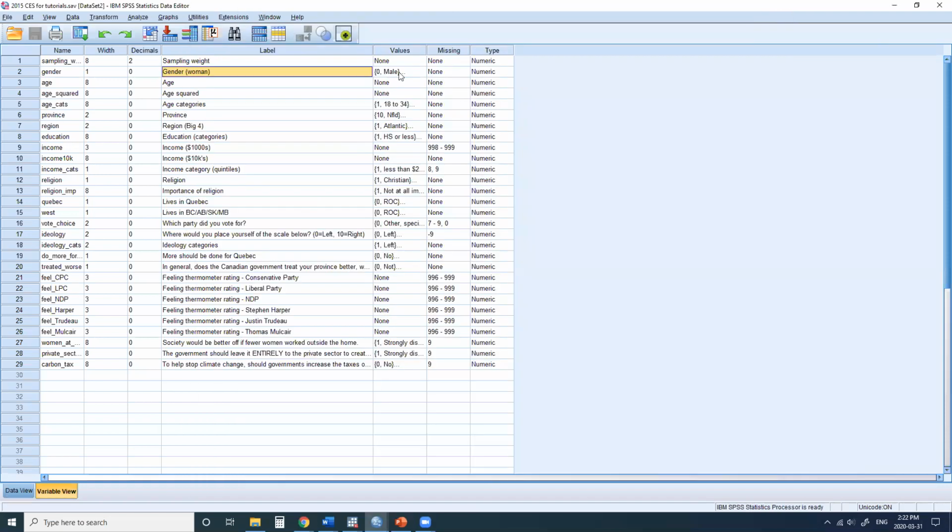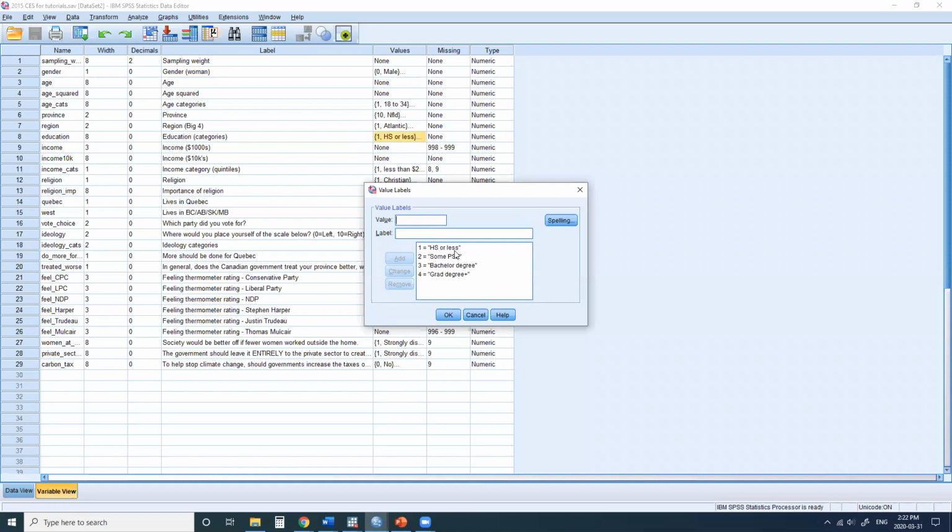Again, just to show you, you don't need to do this, just watch my screen. Education, to remind you of the units, is 1 equals high school or less, so no post-secondary. 2 equals some post-secondary. This is a large category.